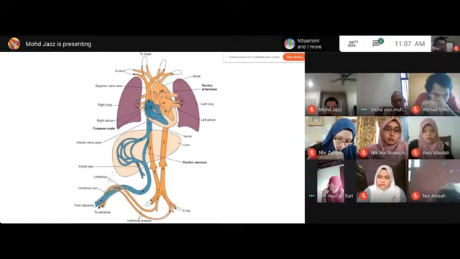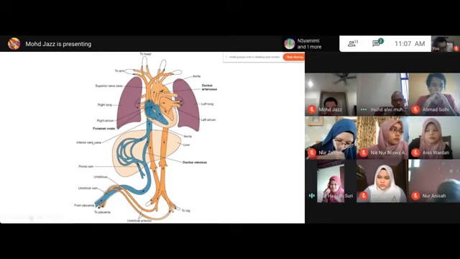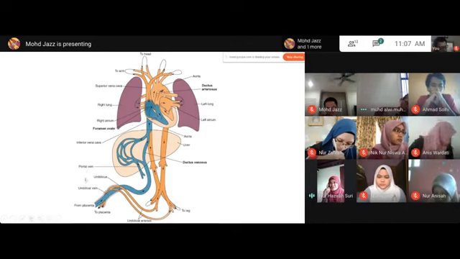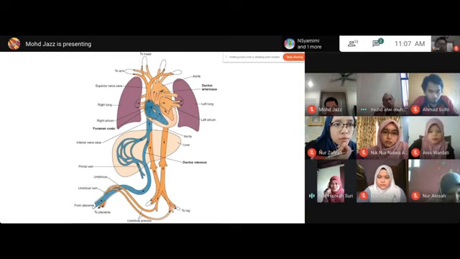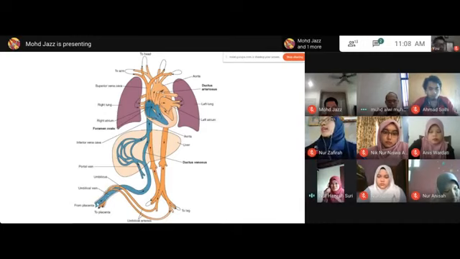Okay, so the placenta is not as efficient as the lungs in functioning as the gas exchange organ. So the umbilical vein will bring the oxygenated blood from the placenta to the fetus, right? So the PO2 in the umbilical vein is around 30 to 35 millimeters of mercury only.